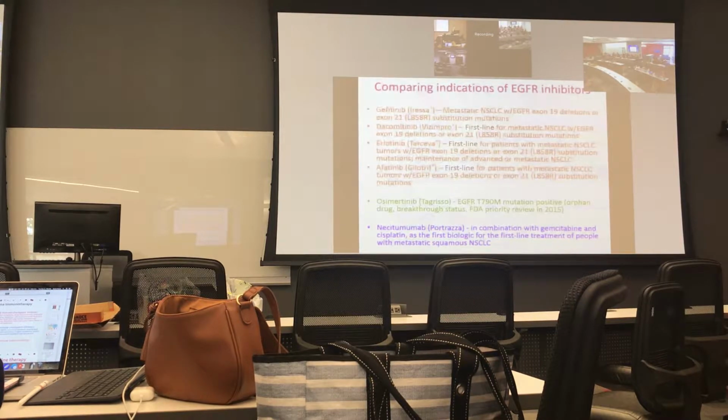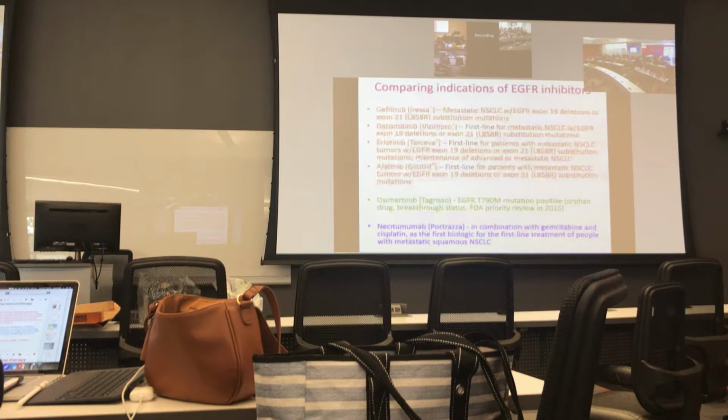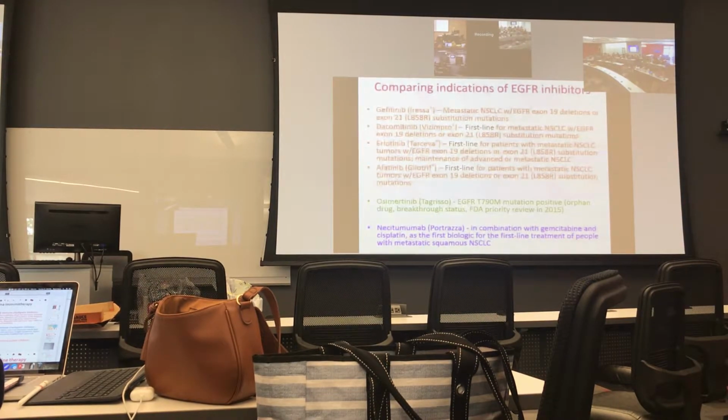Dacomitinib is first line for metastatic non-small cell lung cancer with EGFR exon 19 deletions or exon 21 L858R substitution mutations. So leucine at 858 is substituted for arginine. Similar for erlotinib, first line for patients with metastatic non-small cell lung cancer tumors with exon 19 deletions and exon 21 substitutions, or it could be maintenance.